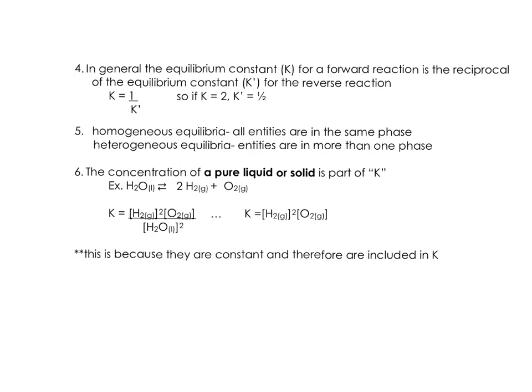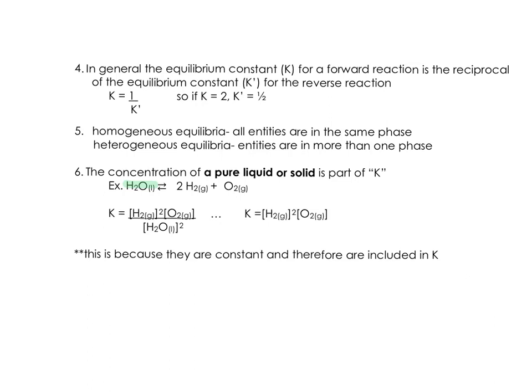Homogeneous equilibrium means all entities are in the same phase, so all gases. Heterogeneous means you've got gases and solutions, aq. The concentration of a pure liquid or solid is part of K, just like I mentioned. So here in this example, liquid water isn't going to really change very much.